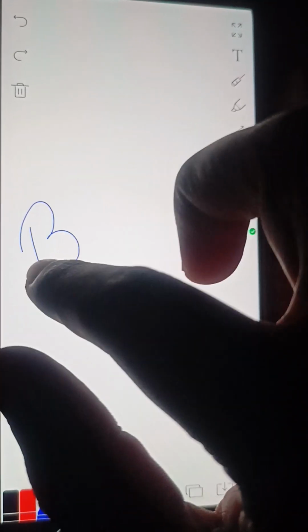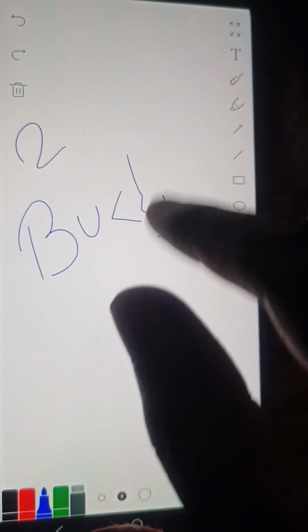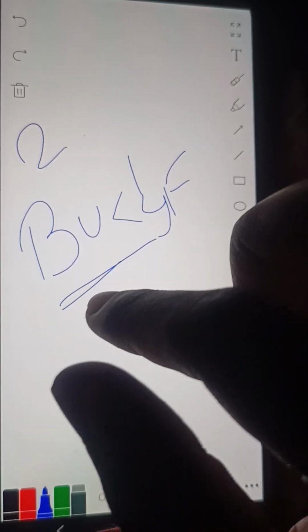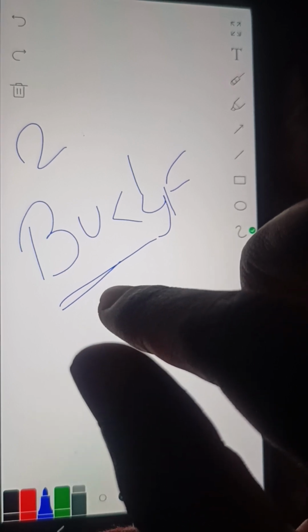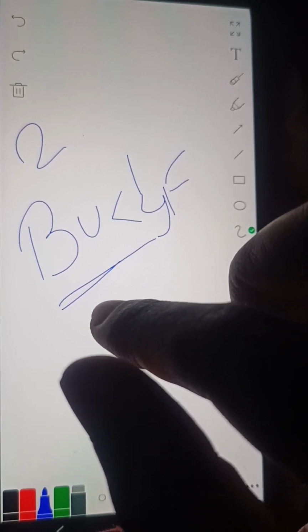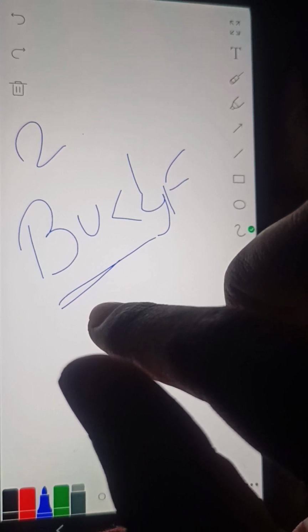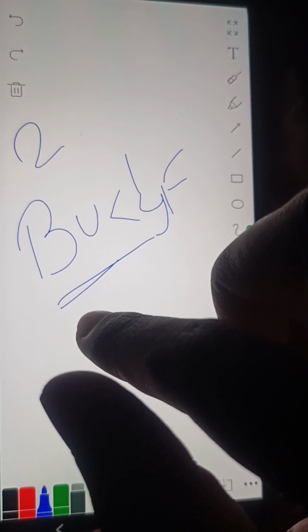Next is Bucky factor. It's a very important point. Number 2 is Bucky factor. What is Bucky factor? It is the ability of a grid to remove both primary and secondary radiation. How is it calculated?